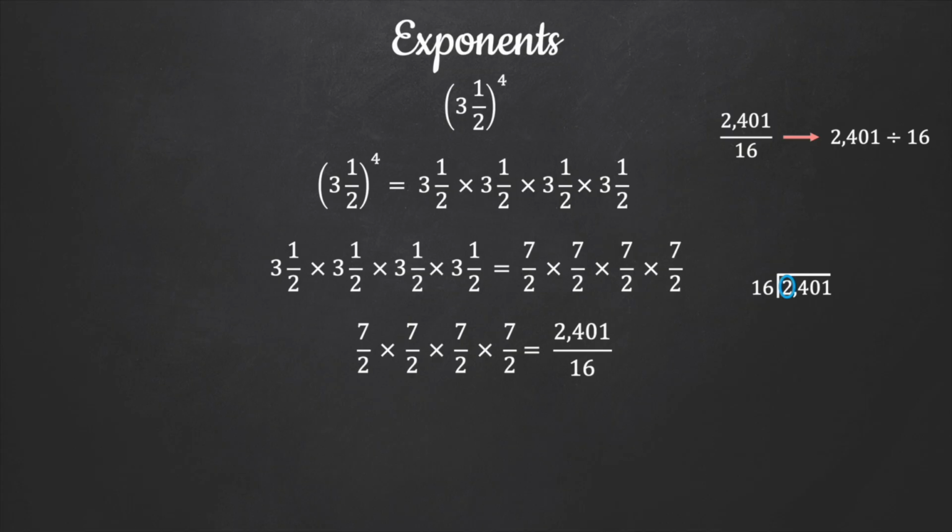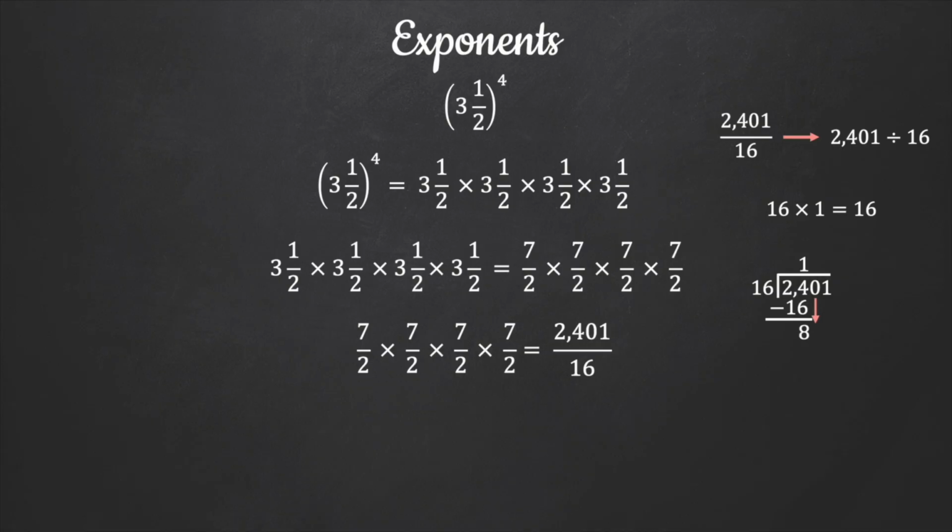Well, it doesn't. So we ask ourselves, how many times does 16 go into 24? 16 goes into 24 one time, because 16 times 1 is equal to 16. So we're going to go ahead and write the 16 underneath. 24 minus 16 is equal to 8.